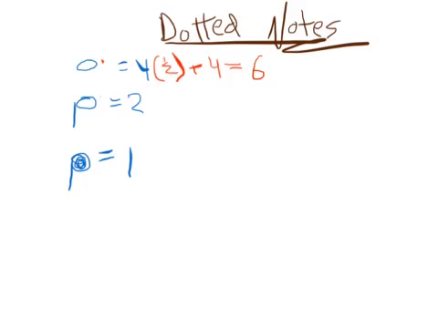Let's place a dot after the half note. Just like before, the dot means you're going to take half of the note and add it on to itself. So, half of 2 is 1. 2 plus 1 is 3. Let's do the same for the quarter note.